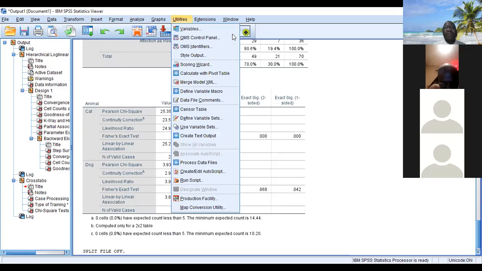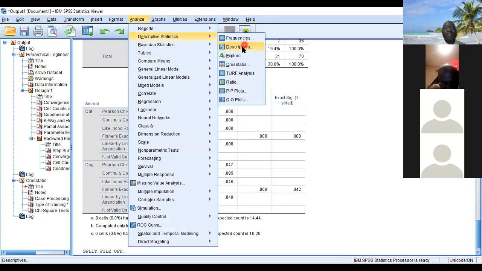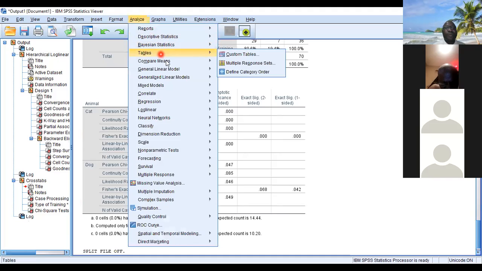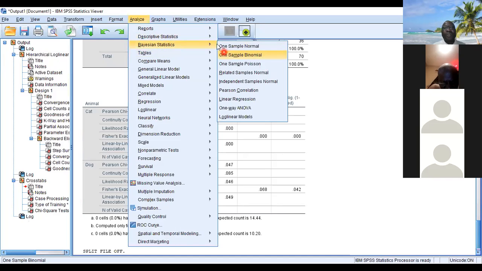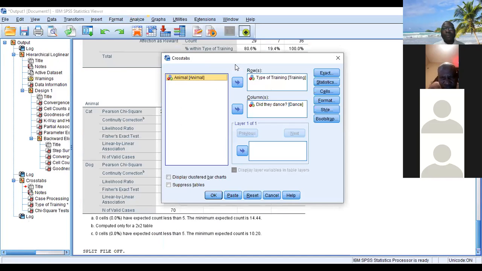Analyze, use layer, descriptive, crosstab. I want to see animal and dancing.